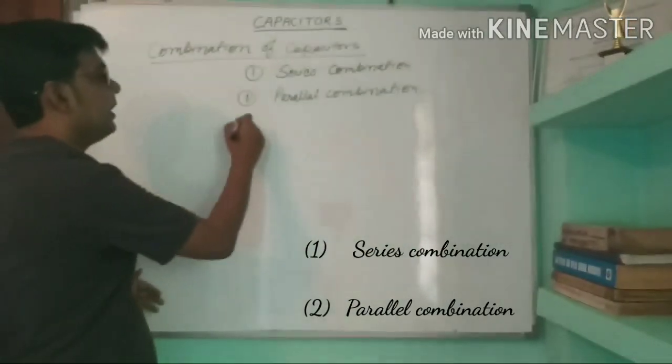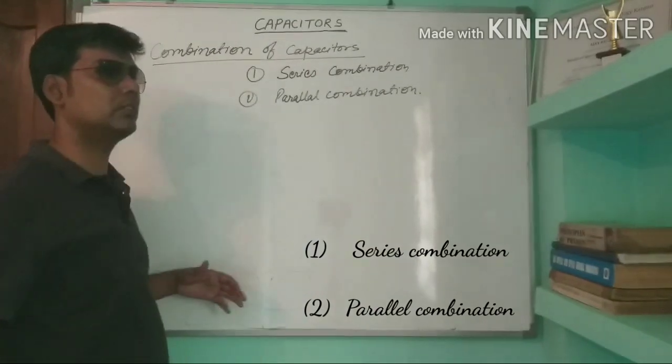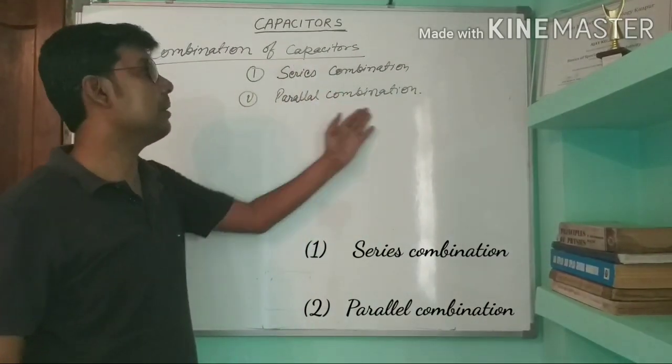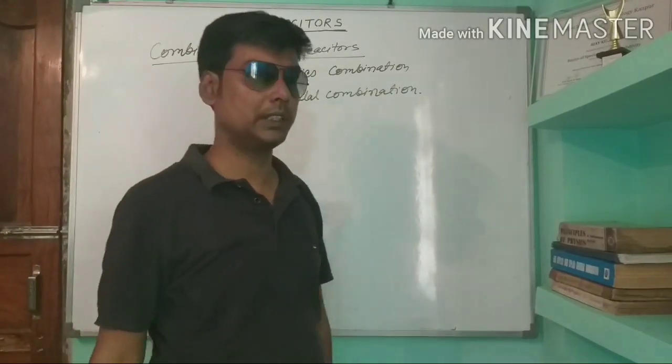Or a third may be a mixed way, but we will not discuss the mixed way. So first is series combination of a capacitor and another is parallel combination of a capacitor.